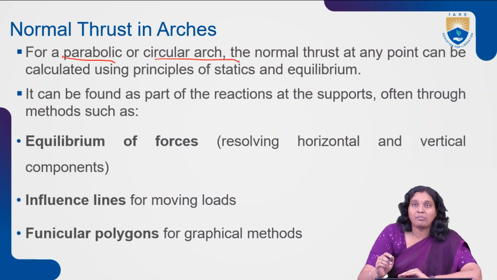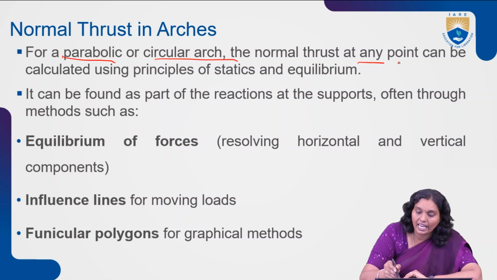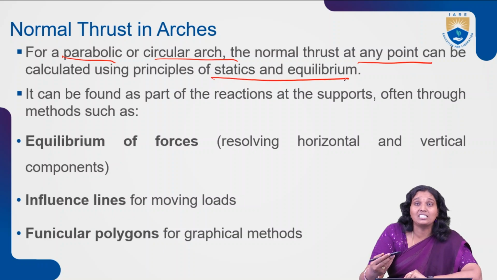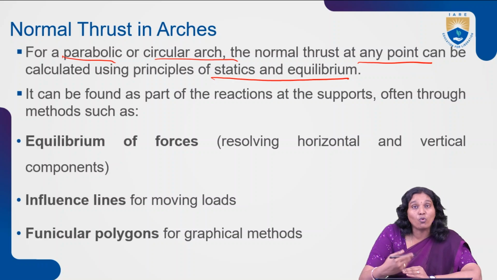Whatever it may be, the normal thrust at any point can be calculated using the principles of statics and equilibrium conditions. According to that, we understand what forces are involved because of the load conditions, and how they are going to resist because of the shape or dimensions of that particular arch and their various parameters.